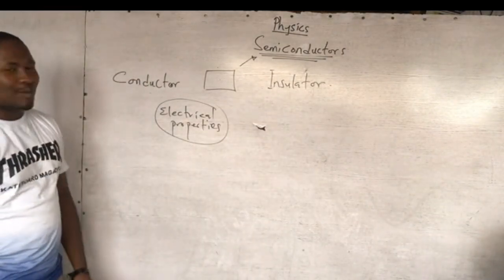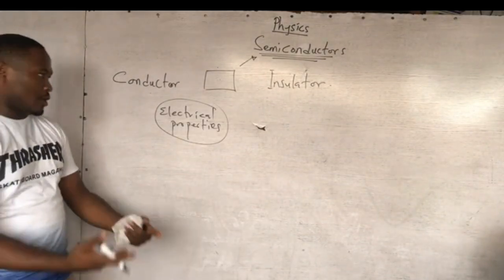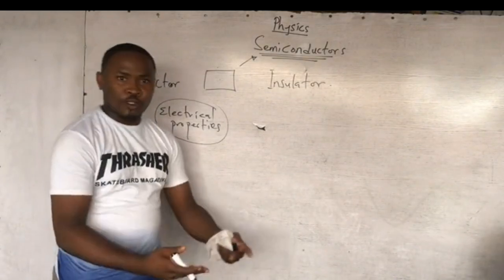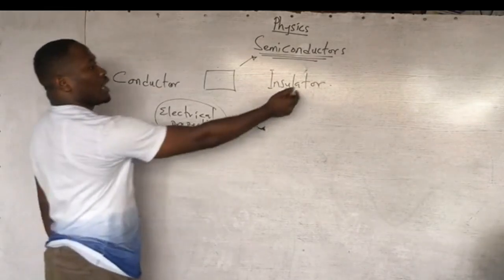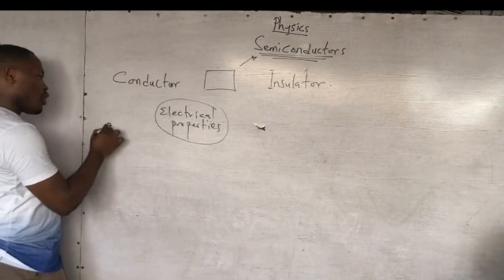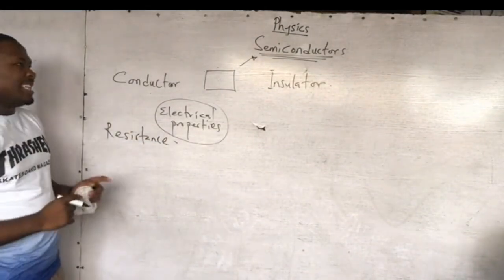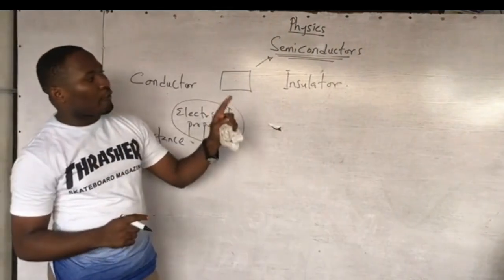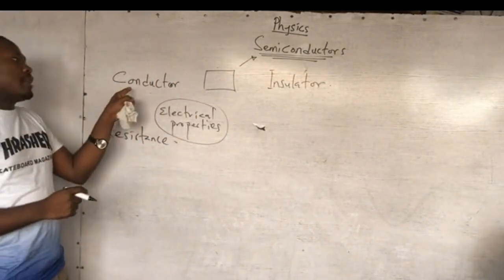Now, if you ask yourself a simple question, what is a conductor? A conductor is that material that conducts electricity, while an insulator does not conduct electricity. Why will a conductor conduct electricity? Why will an insulator not conduct electricity? We have to look at something called resistance, meaning there is an opposition to the flow of current here that is much higher than what you have here.